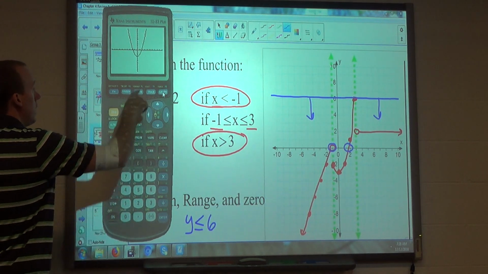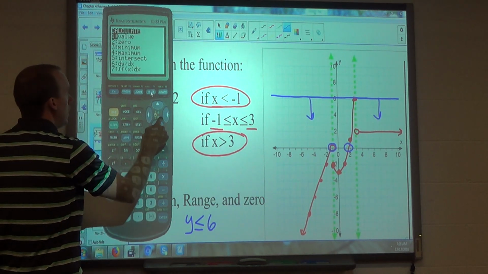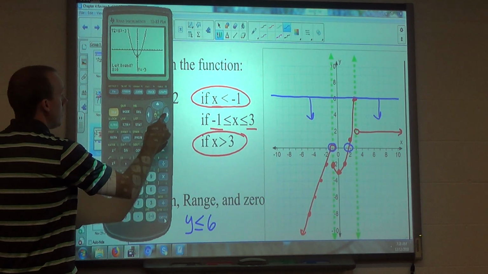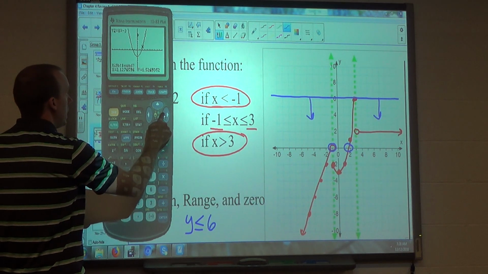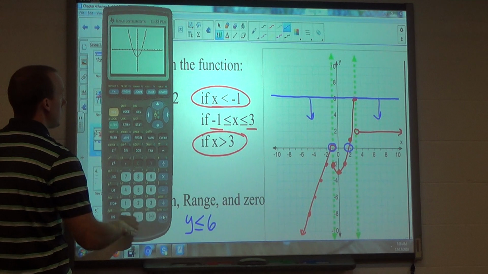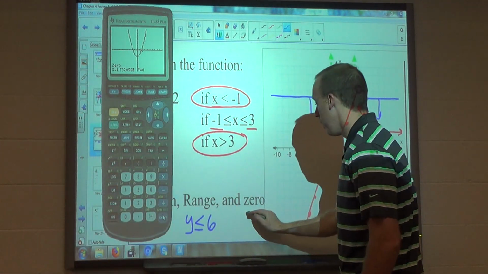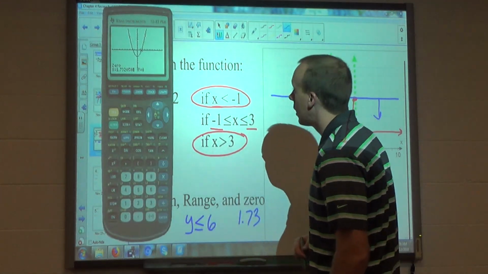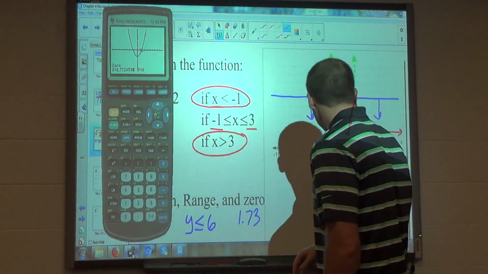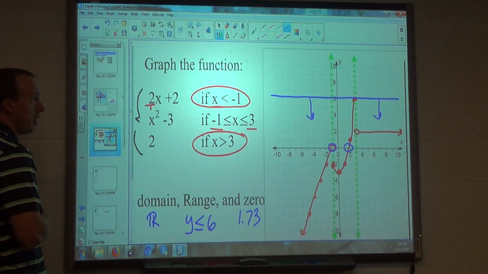I'm going to go second, calculate, zero, left bound, enter, go across to the other side, enter, and then guess. So what is the zero of the function in this problem? 1.73 according to my calculator. And that would be how you do that one.